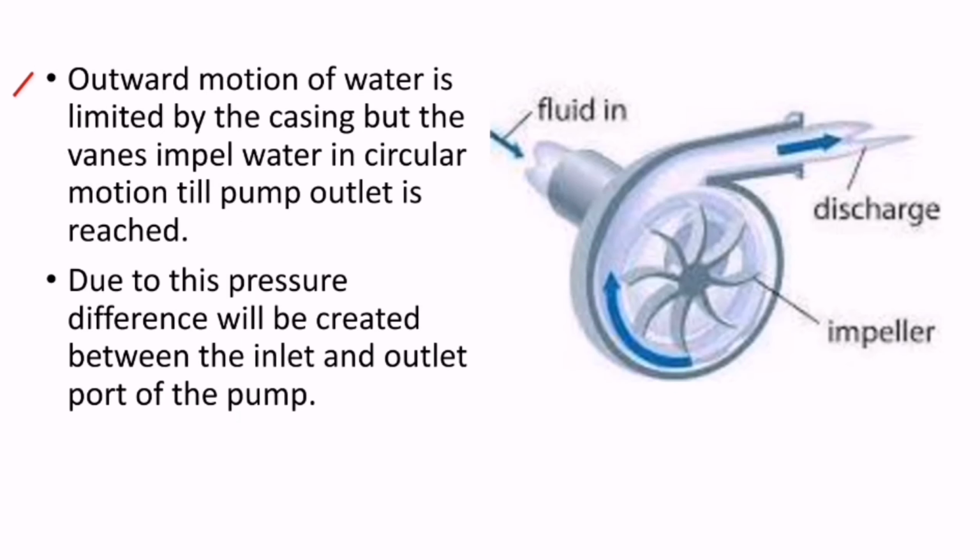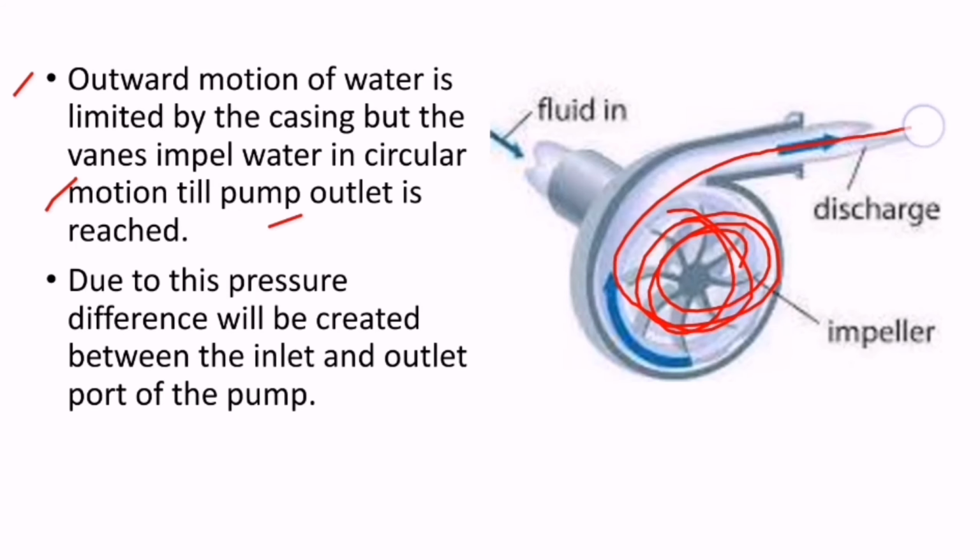Outward motion of water is limited by the casing, but the vanes impel water in circular motion till the pump outlet is reached. The impellers will rotate and send the liquid to the discharge valve. Due to this, a pressure difference will be created between the inlet and outlet port of the pump. Because of this impeller rotation, there will be a difference of pressure between inlet and outlet.